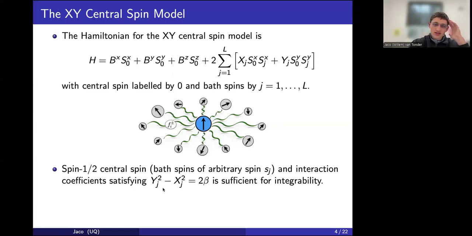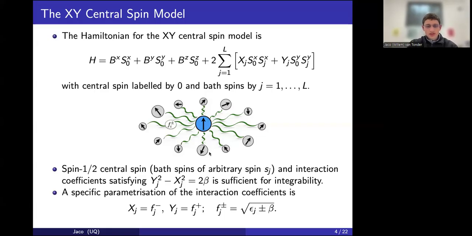So if beta is 0, then the y and the x coefficients are the same, and we just get the simpler XX central spin model. We also note that the central spin has to have spin half. The spin 1 case is also integrable, but we won't discuss it here, while the bath can have arbitrary spin.